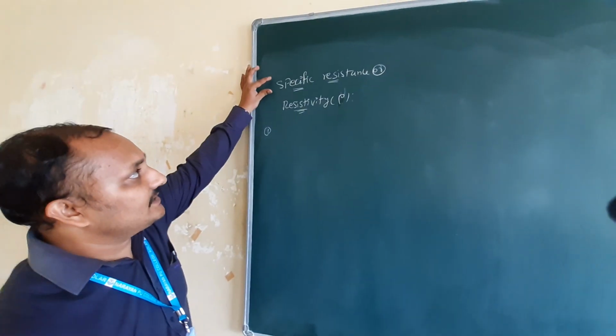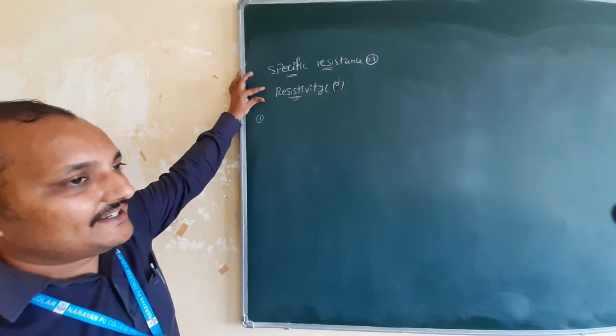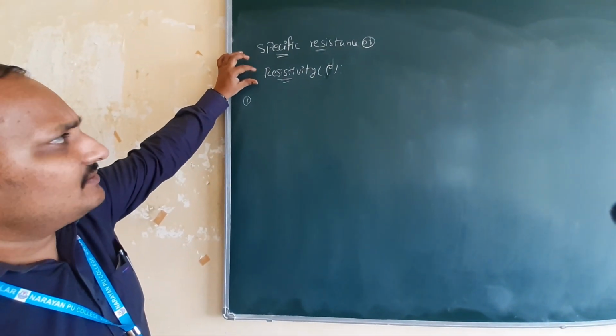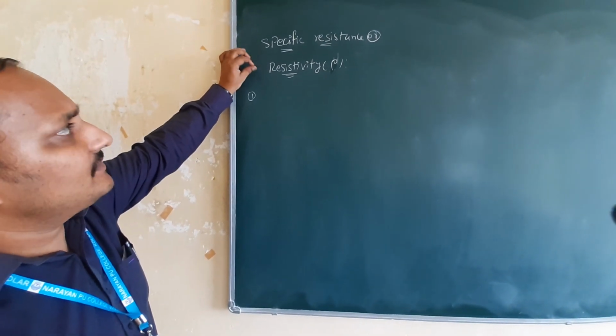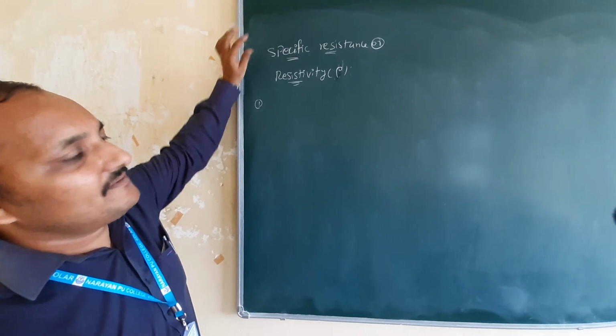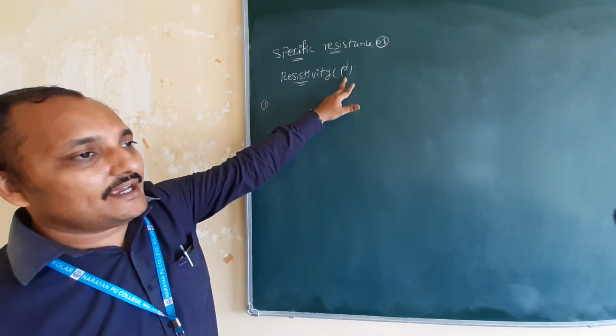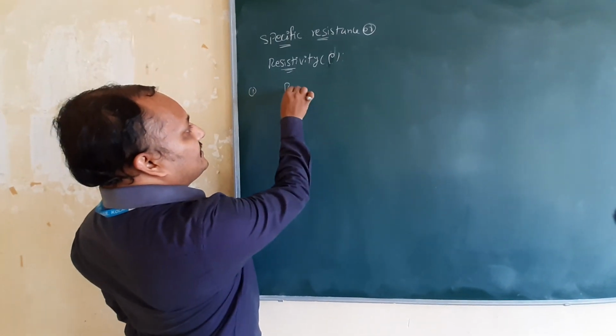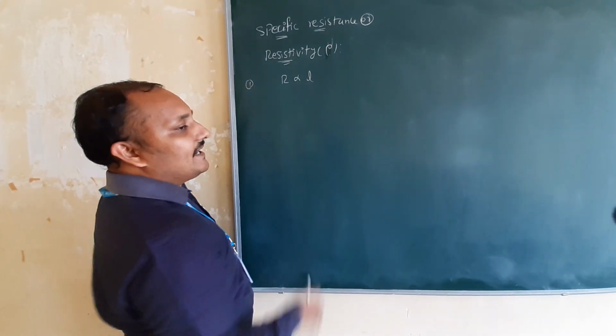So next concept, specific resistance or resistivity. In your books I think resistivity will be there. Another name of this one is specific resistance. It is denoted by rho. How it comes, we will see. Resistance always depends on the length of the conductor.